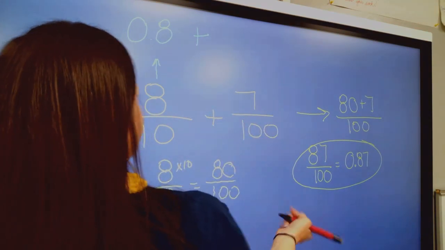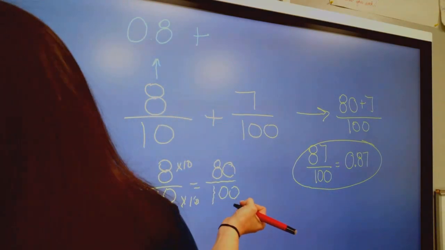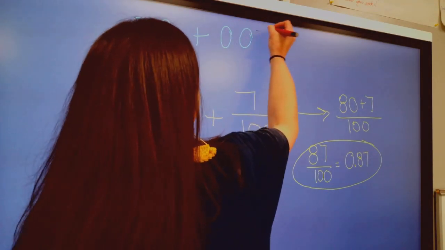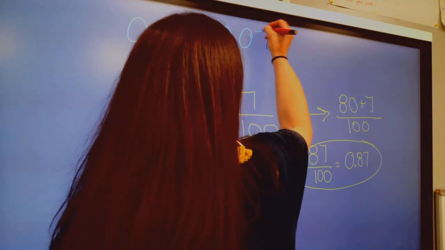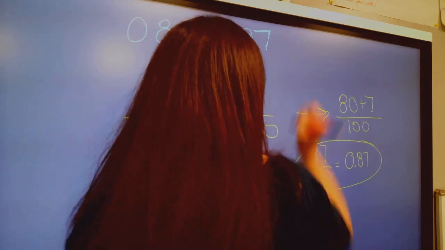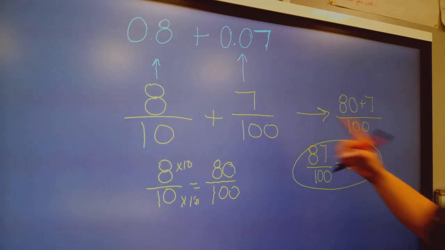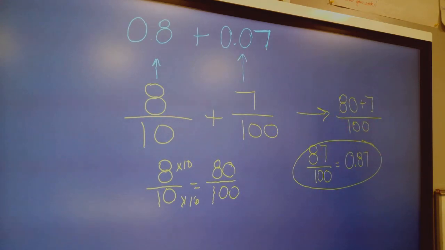And what does 7/100 look like as a decimal? Not 7/10, but 7/100. So you could technically change them both into decimals first and then add, and you would get the same thing. Or you can have them both as equivalent fractions.